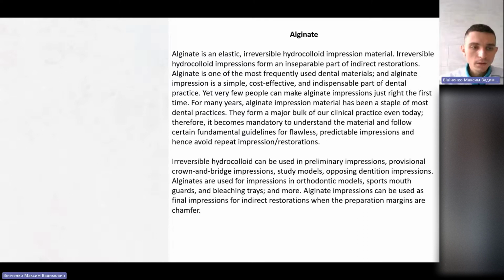We do not use silicone, because alginate impresses the soft tissue in its passive state. So it is very important for making appliances such as the Frankel appliance. If we make, for example, a rapid maxillary expansion appliance, we use a silicone. But if we want to make a functional appliance for the patient, we need to use only alginate.